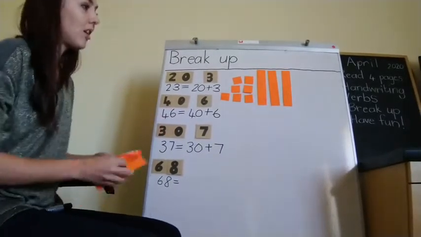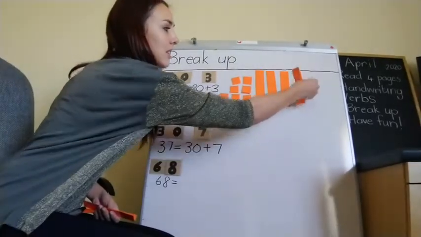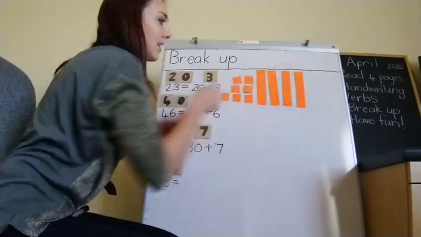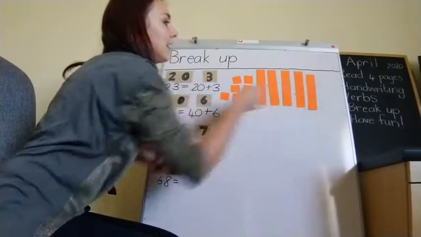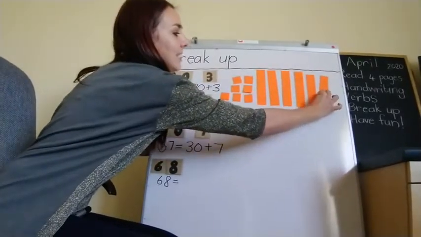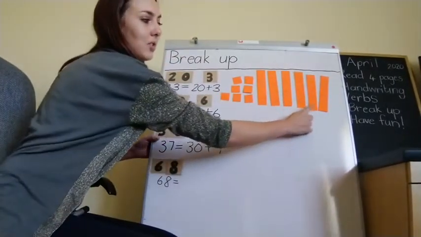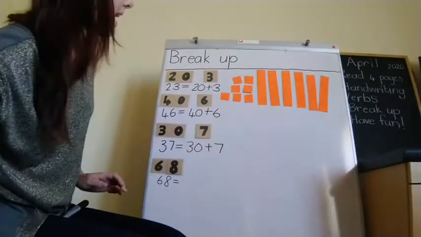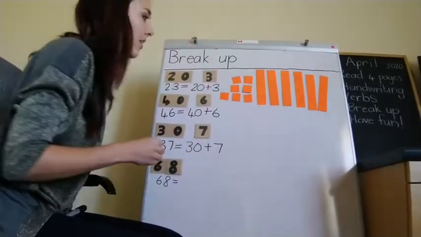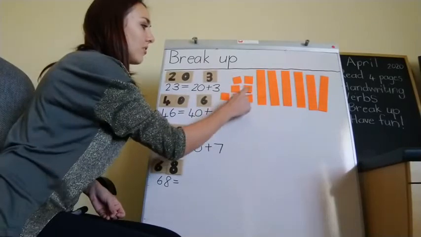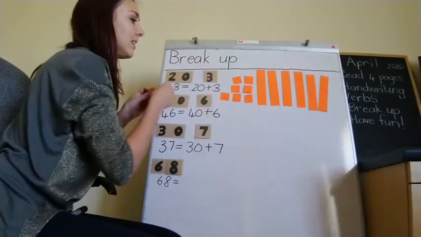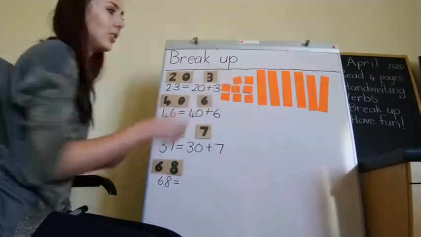Okay, the last one that I'm going to do is 68. Alright, so I've got 10, 20, 30, 40, 50, 60, and I have 1, 2, 3, 4, 5, 6, 7, 8 units.